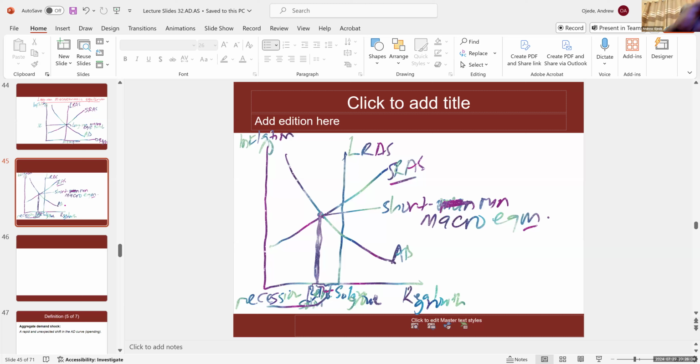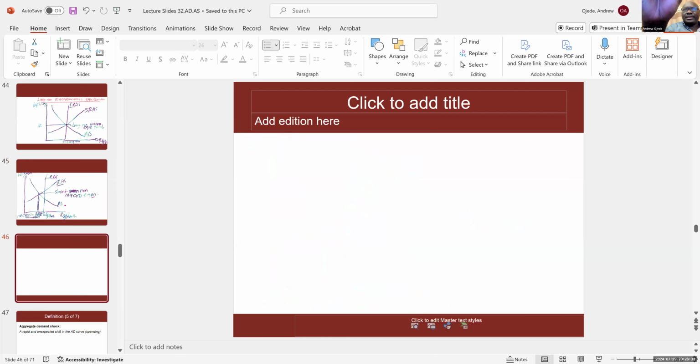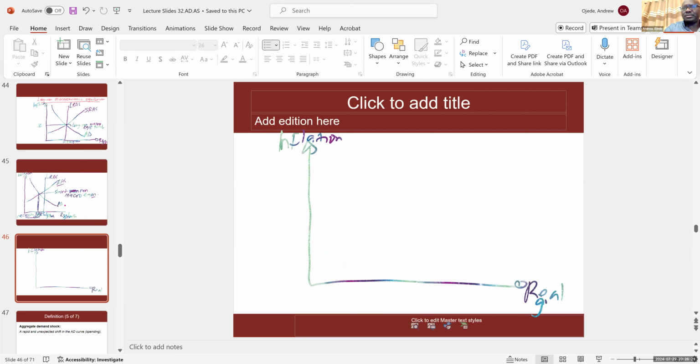Okay, but what about the other way? It happens the other way. Sometimes the economy could also be overproducing when you are overexploiting your resources. You know, labor is working maybe overtime, those kinds of things. So you have inflation, real growth. It's possible that the economy can produce beyond its full potential.